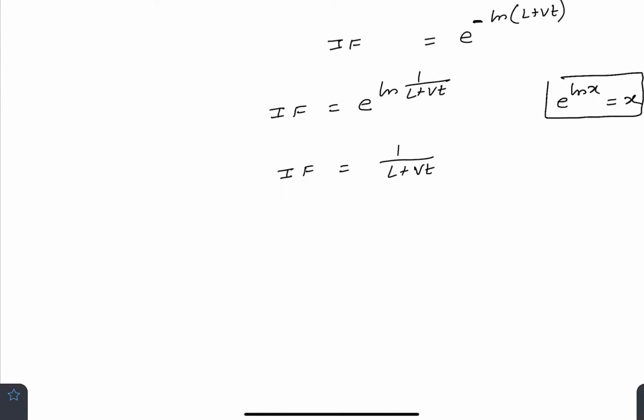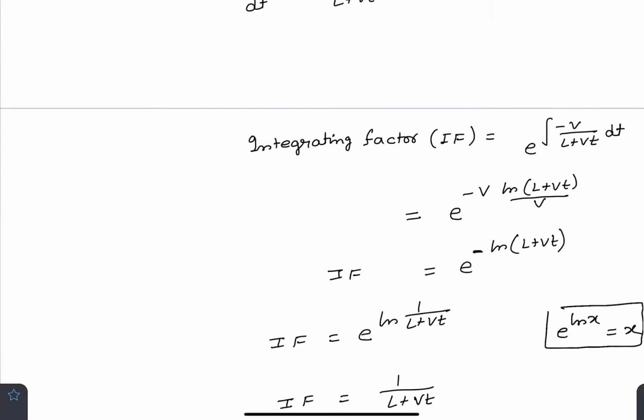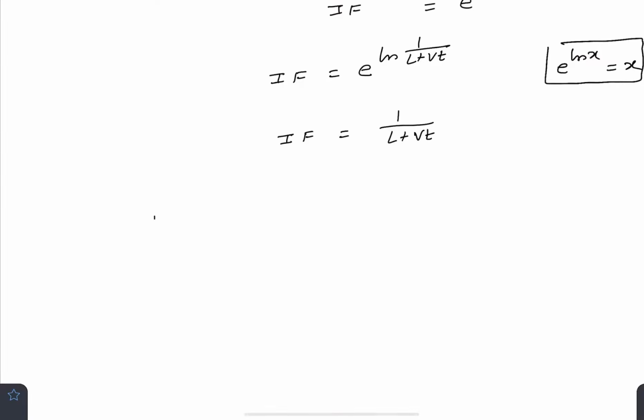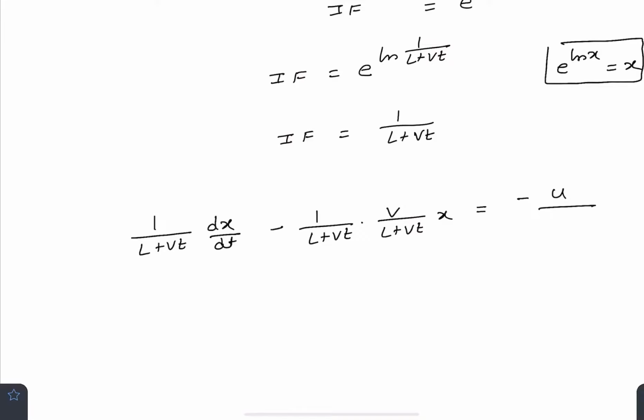Now after getting the IF, we just have to multiply with this integrating factor on both sides. So the above equation will become 1 upon L plus Vt dx upon dt minus 1 upon L plus Vt into v by L plus Vt into x equal to minus u upon L plus Vt.